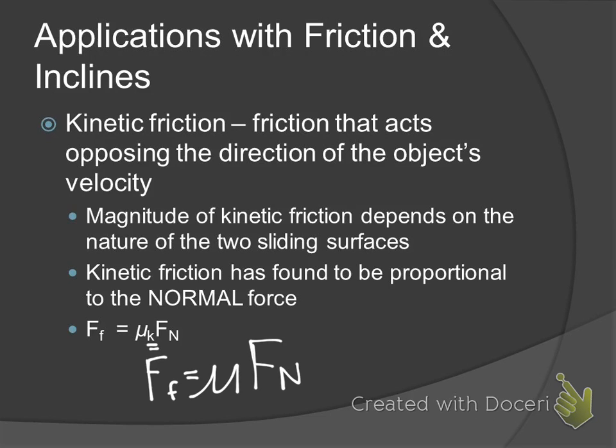This subscript here with the K just means kinetic. Okay, there are different coefficients of friction for kinetic and static friction, which we're going to see here in just a second. But overall, your equation for force of friction stays the same. Force of friction is equal to the coefficient of friction, which is this mu letter, times the normal force.